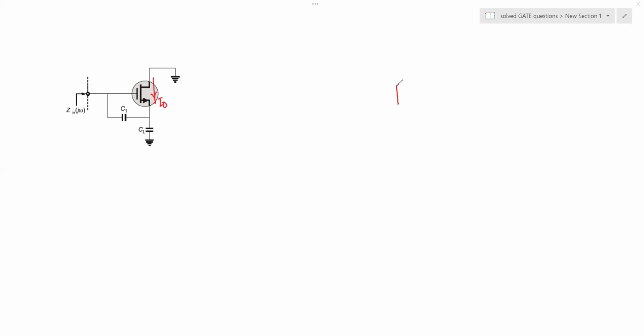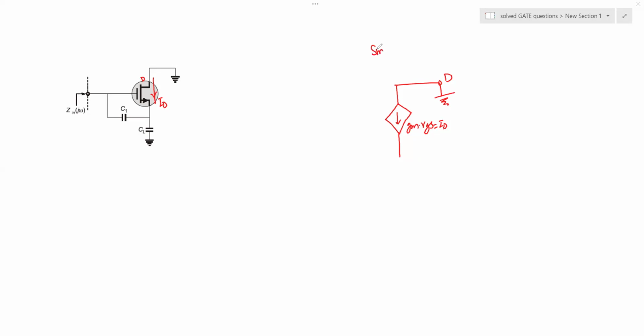So we'll draw the dependent current source of this MOSFET. This is a field effect transistor, remember. So we'll write here gm times VGS. That's the value of the drain current that flows from the drain pin. So here is your drain pin, and this drain pin is connected to the ground. So let us indicate that here.